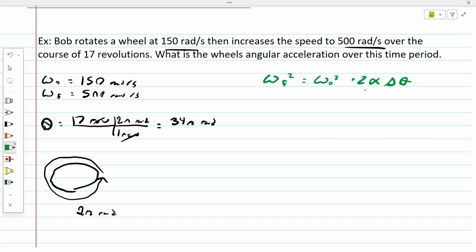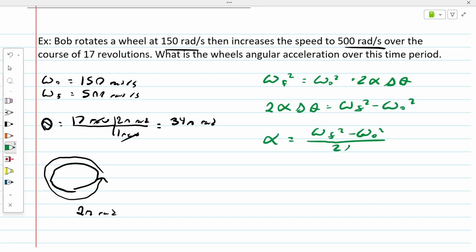Now we can simply rearrange the equation to get alpha by itself. It would be the final squared minus the initial squared, divided by 2 times the change in theta, so the angular acceleration is equal to this expression here.